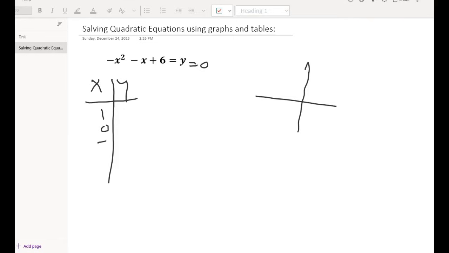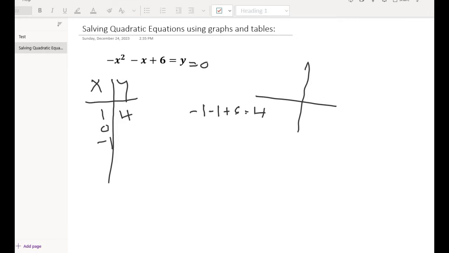If you plug in 1, we have minus 1 squared, which is 1, minus 1 plus 6. We get the number 4. So for x equal 1, y is 4.